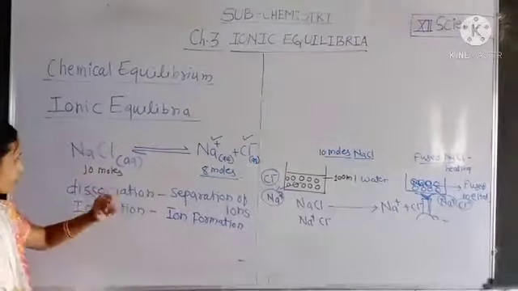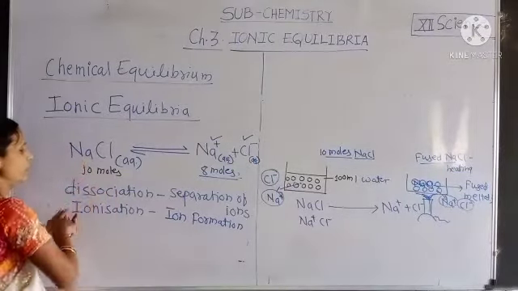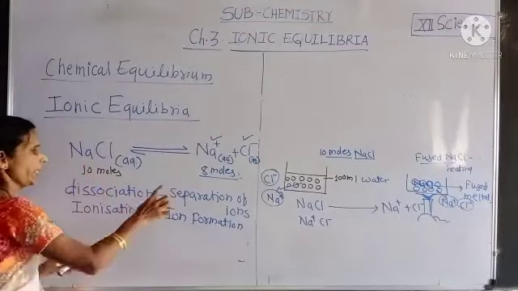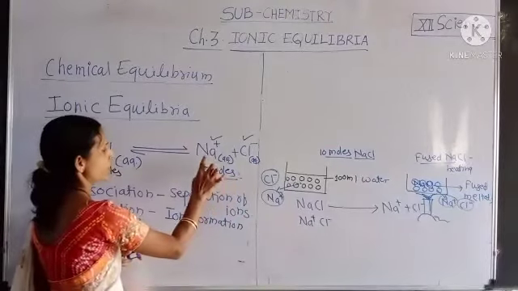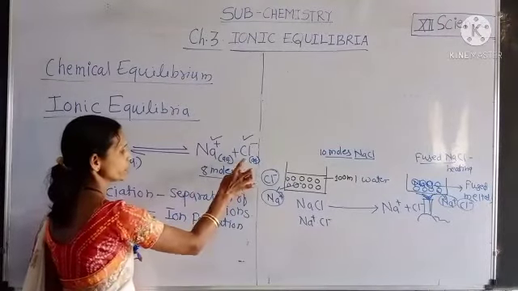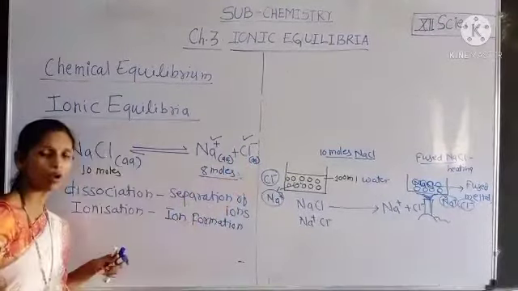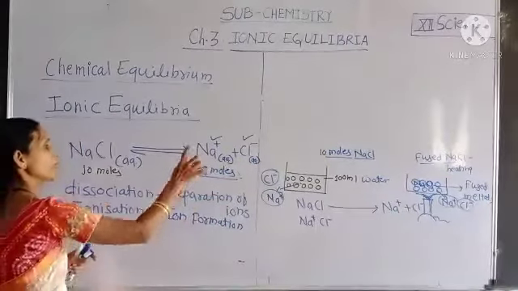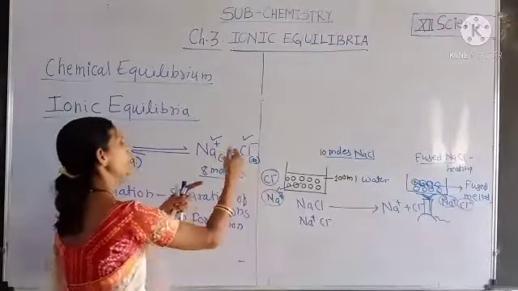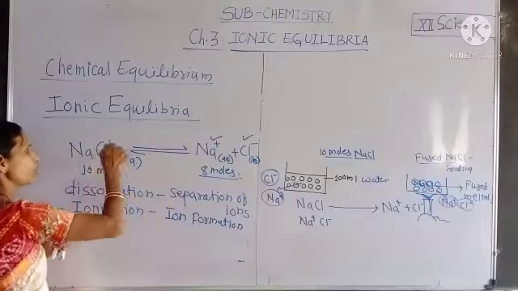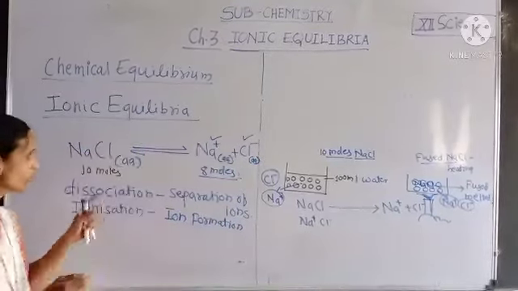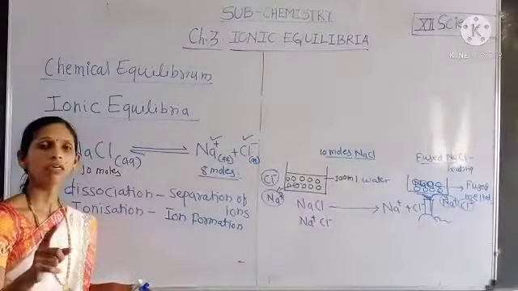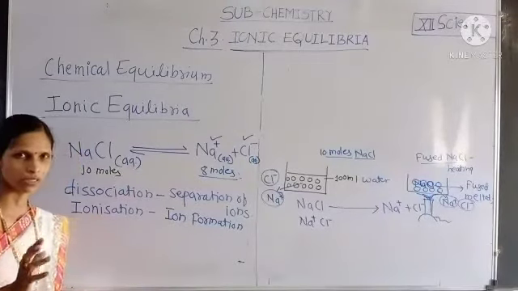Then see here, when out of 10 moles, 8 moles of Na plus and Cl minus ions are formed, these ions get combined to give NaCl molecules also. That means that process is a reversible process.